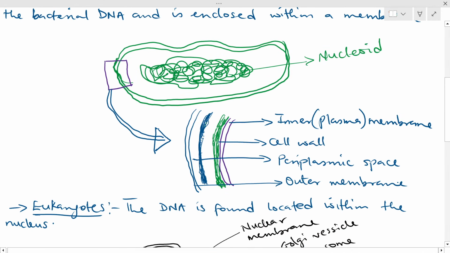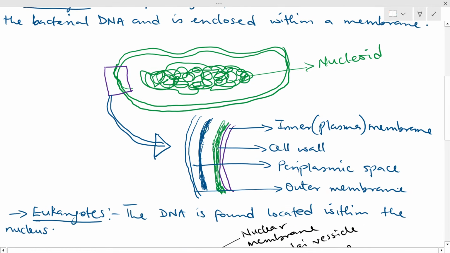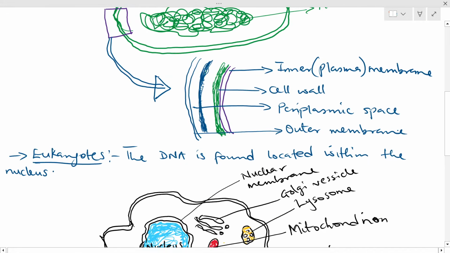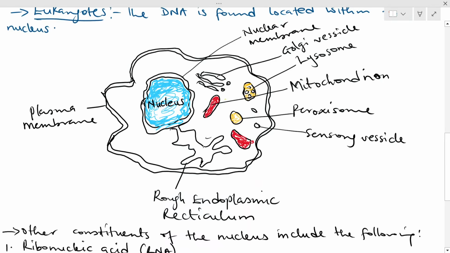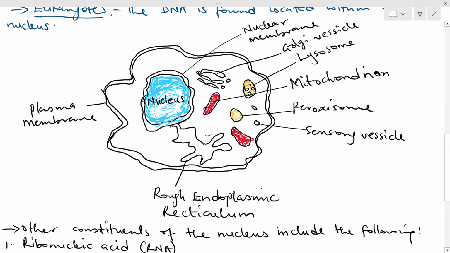And I gave a schematic diagram of what the nucleus looks like and how it is embedded within the membrane. We saw that the DNA can also be found in the nucleus, and we saw a schematic diagram of what the eukaryotic cell looks like, and where the nucleus is located.